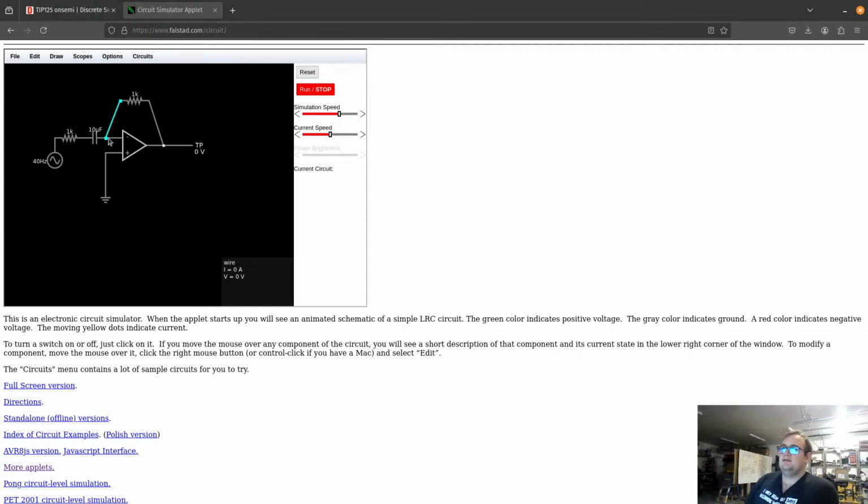And then, yeah, what values to give for this one? It doesn't give us values that it wants there. So I'll just keep the current ones that are in there, the 1K and 1K.